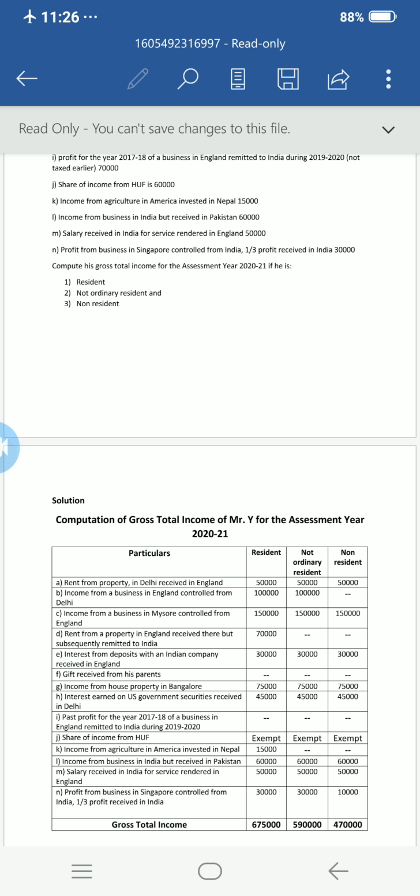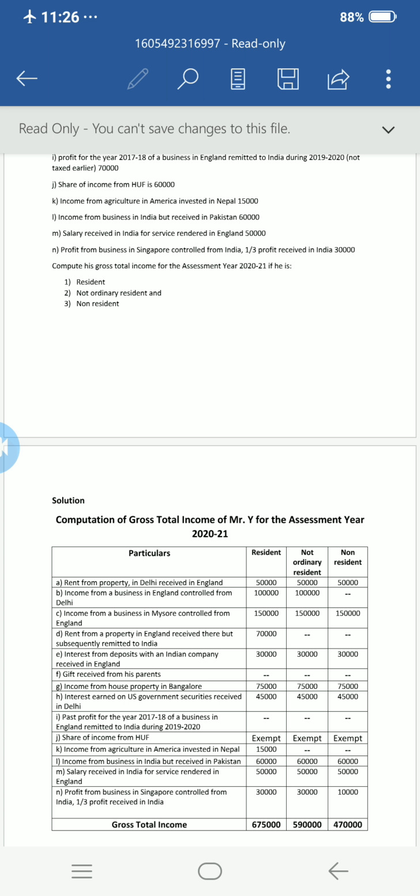Next, profit from business in Singapore controlled from India, out of which 1/3 profit received in India, rupees 30,000. See here, profit from business in Singapore controlled from India, out of which 1/3 profit is received in India.